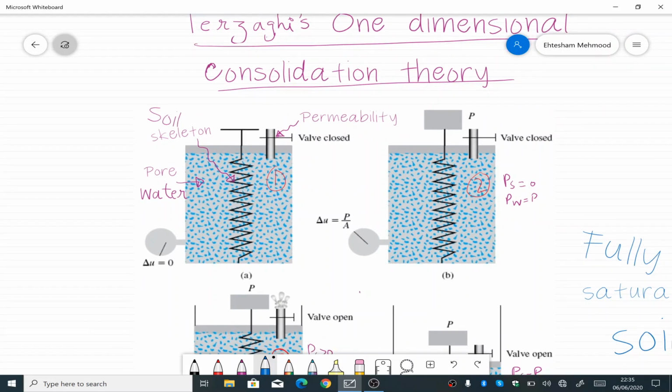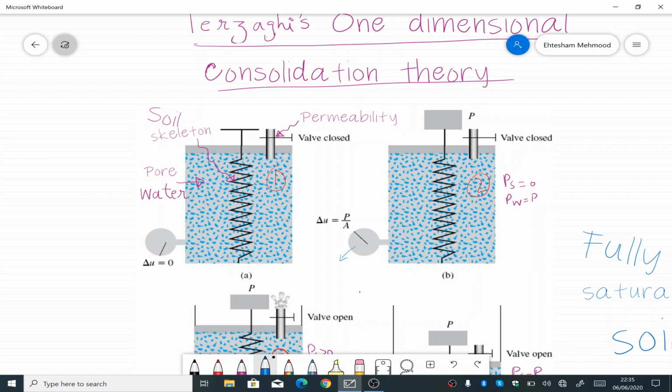So what we will do first, you see here this is the pressure gauge, and this is telling us the pressure of the water present inside the container, or in other words, the pore water pressure. Initially, when we apply a load P and we do not allow the valve to let water pass through, that means the permeability of the soil is 0.